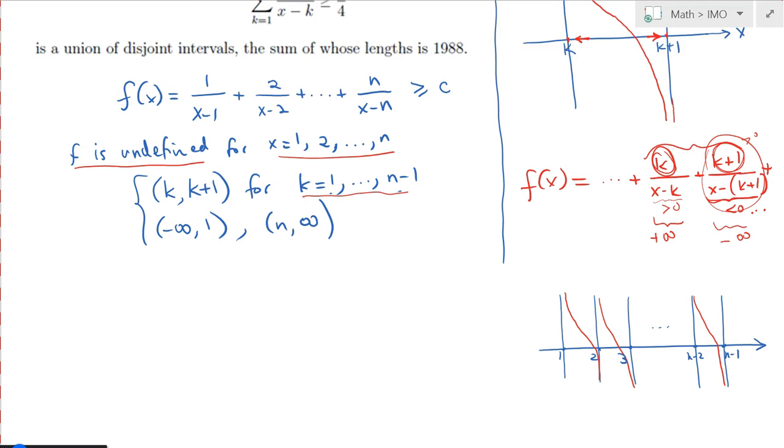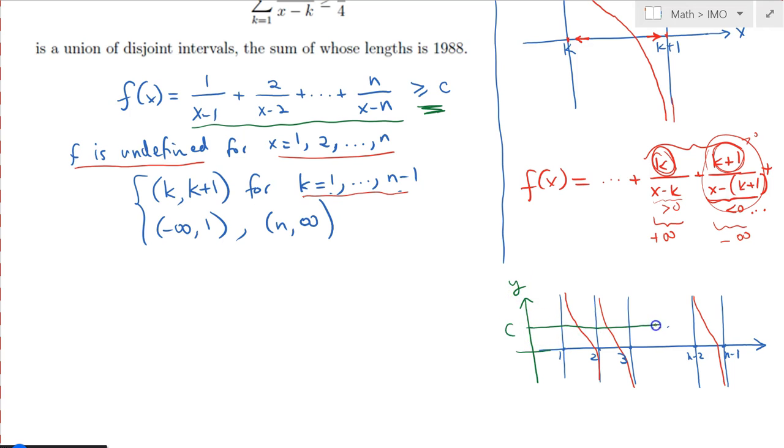Now what we want is to figure out for what values of x our function will be greater than c. So let's say that, if this is the y-axis here, c is, let's say, here.